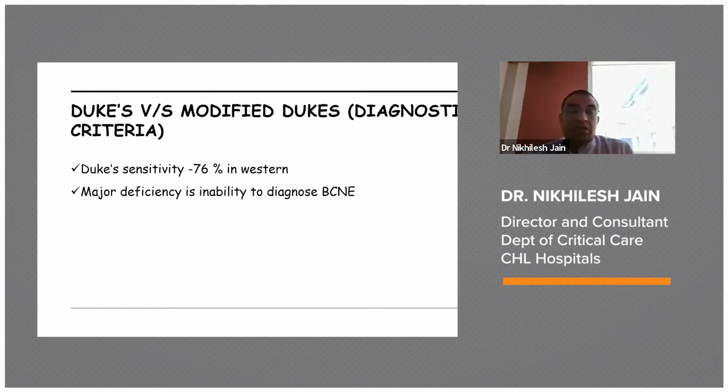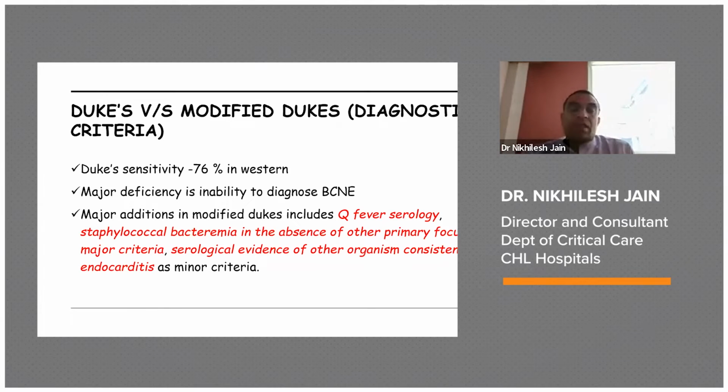In modified Duke's, they have added Q fever serology testing, staph bacteremia in the absence of other primary focus as a major criterion, and serological evidence of other organisms consistent with endocarditis as a minor criterion.